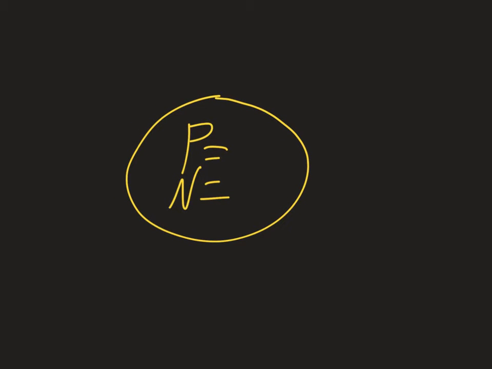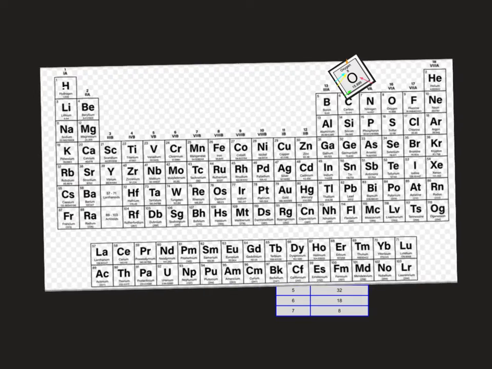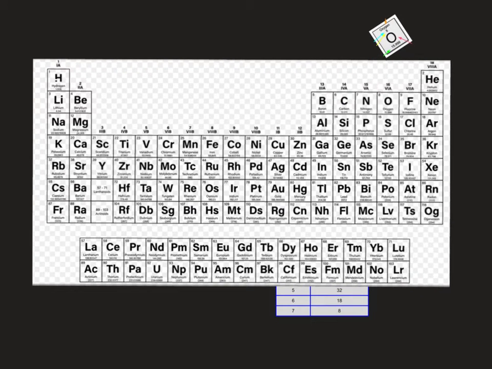So let's go back. We now have 8 protons, 8 neutrons. The next thing we need to know is the number of energy shells. Well, you learn that by its placement on the periodic table. So if you look at the periodic table, each row, and it has 7 of them, represents another energy shelf.